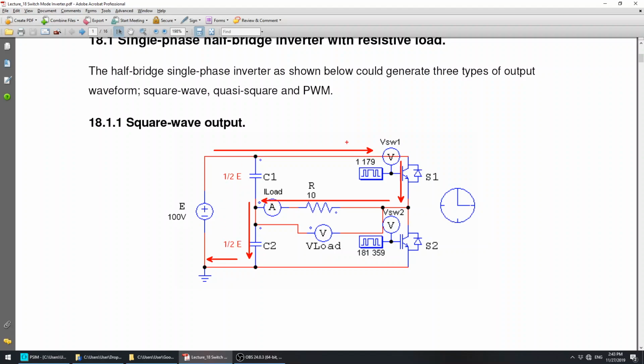In that path, the output voltage will be half of the 100 volts.